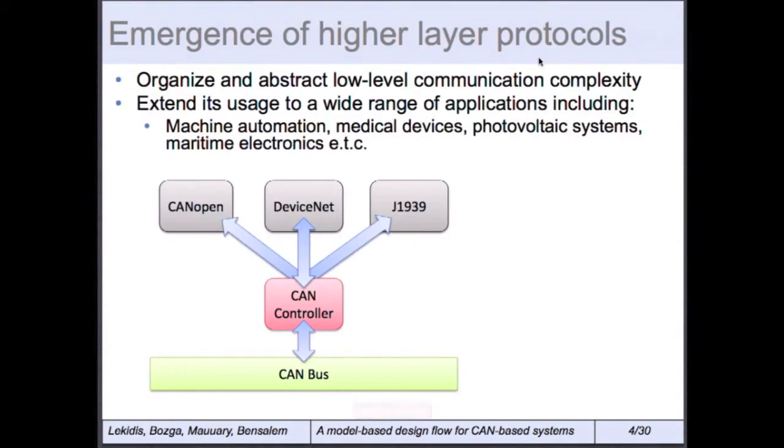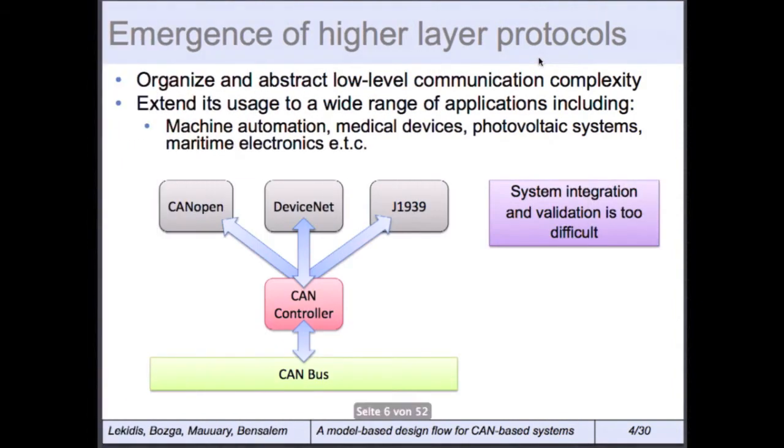So what do we do in order to solve this kind of problem? We organize and abstract the communication complexity of CAN, such that we can use higher layer protocols in order to expand also its usage to a wide range of applications, including medical devices, maritime electronics, and photovoltaic systems.